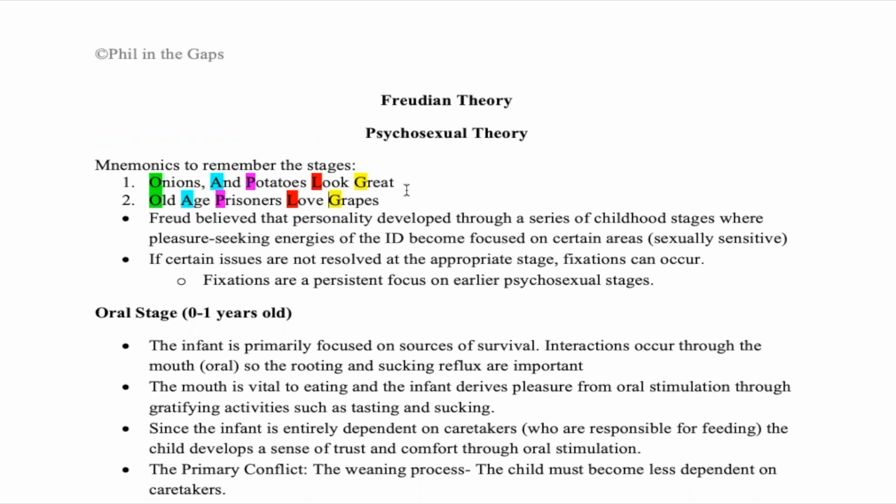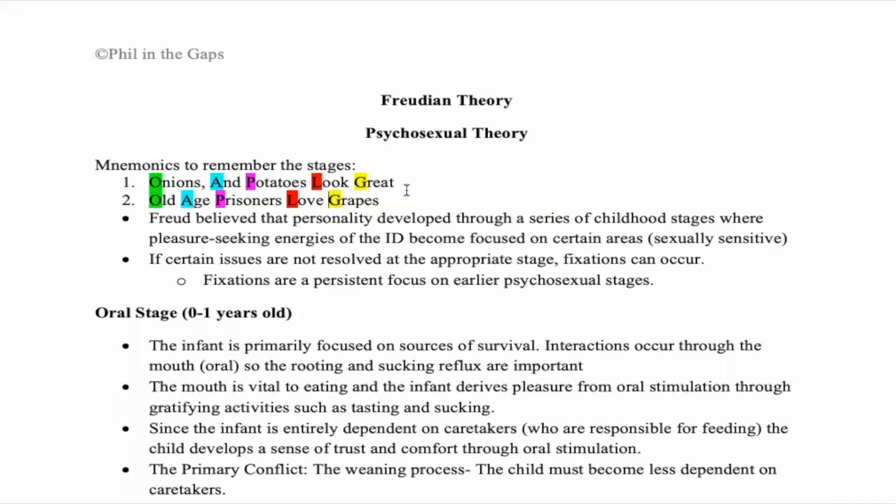The thought process behind this is Freud believed that personality developed through a series of childhood stages and events where pleasure-seeking energies of the id, and we'll get into the different types of personality and the different psychoanalytic concepts in a little bit, become focused on certain areas, which is often related to sexual sensitivity or libido.